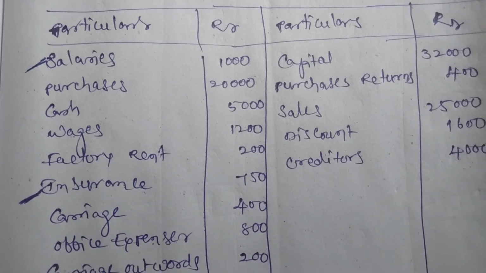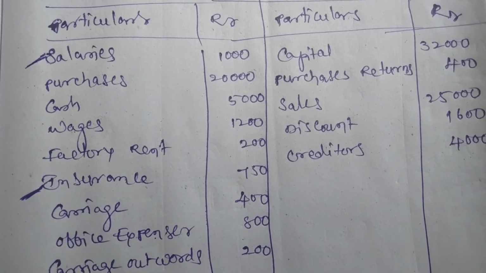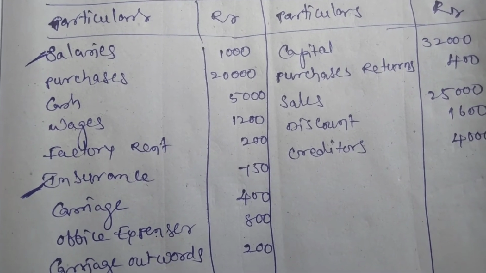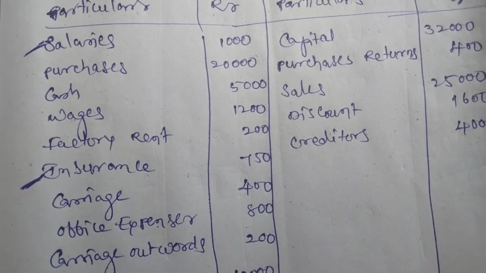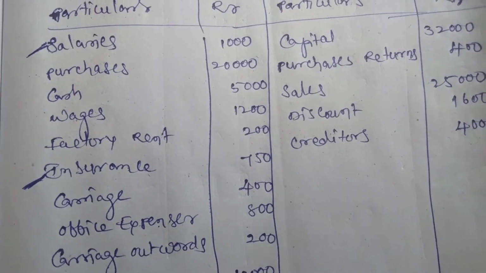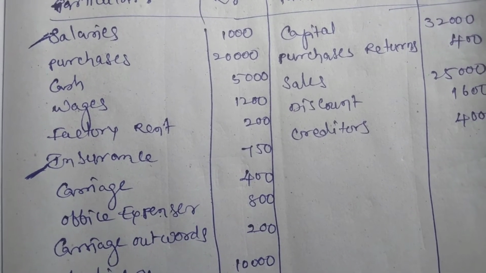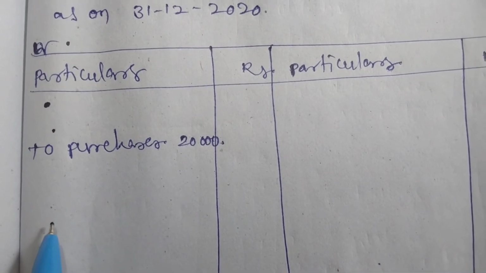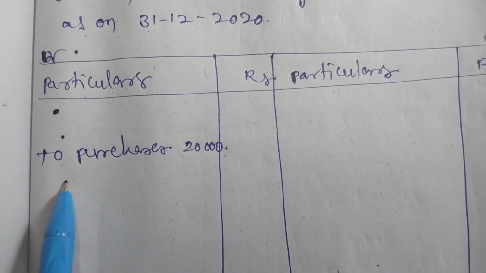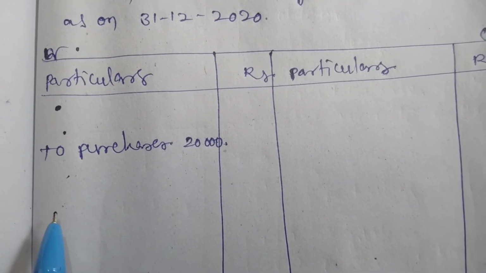Next one is wages 1,200 and factory rent 200. These two transactions go into the trading account. We show wages and factory rent on the debit side of the trading account.